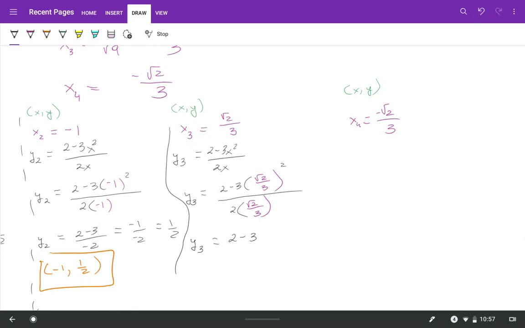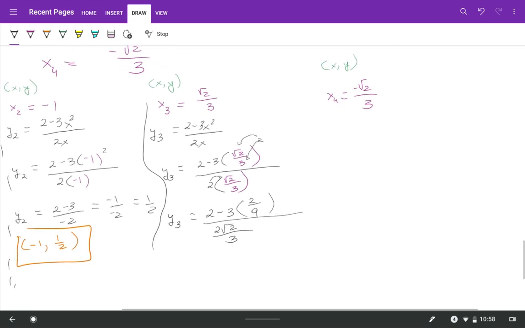2 minus 3, first we need to bring that square root of 2 over 3 to a second power, so distribute that exponent to both. Radical of 2 to a second power is 2. 3 squared is 9. Over 2 square roots of 2 divided by 3. So a number multiplied by a fraction, you only multiply the numerator.